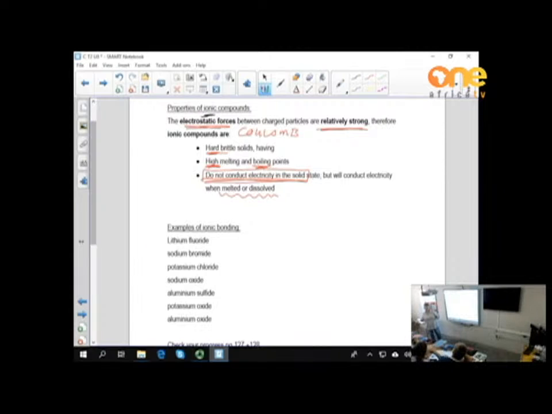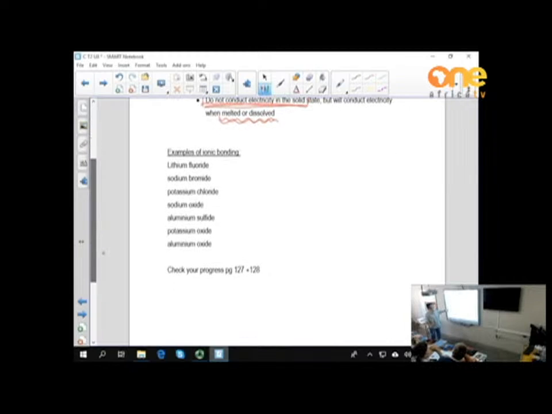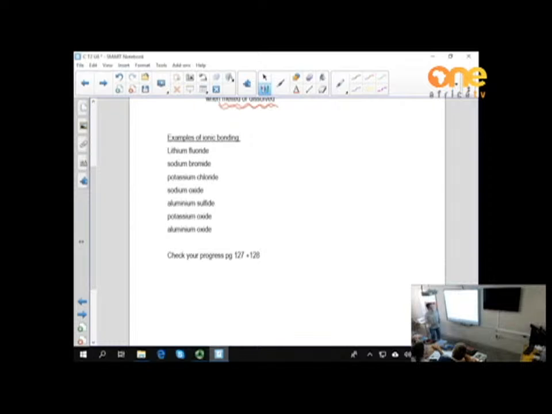But when they are melted or dissolved, these forces have partially been overcome and the particles can slide over each other. And we find then that melted or dissolved salts are able to conduct electricity. Examples of ionic substances: lithium fluoride, sodium bromide, potassium chloride, etc.